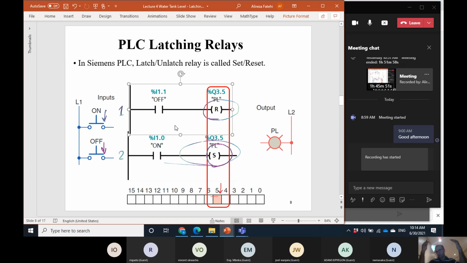The program is sequential. So at this rung it tried to reset that, and at this rung it tries to set that. It remains set. So the priority is on the last one. If both set and reset activate at the same time, the priority is on the last one.